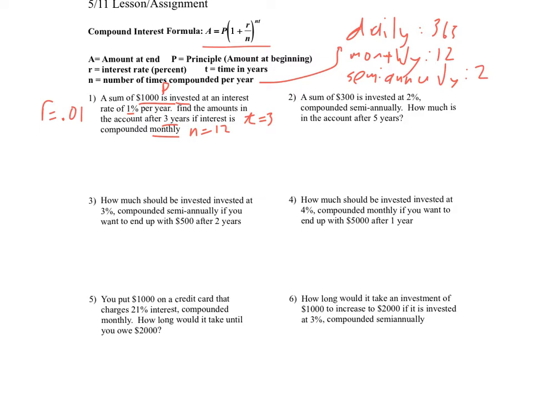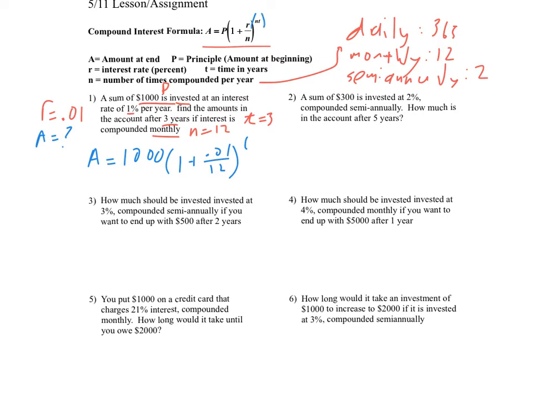Okay, so here it looks like we have everything on the right side of the equation. So A is the unknown. I'm going to say A equals question mark. So we'll say A equals 1,000, parentheses, 1 plus 0.01 over 12, to the power of, and you need extra parentheses up here on most calculators, so I'm just going to throw those in there.